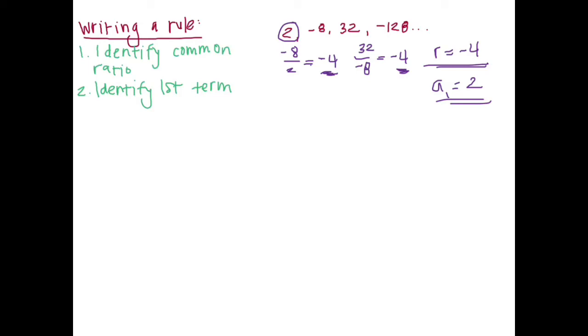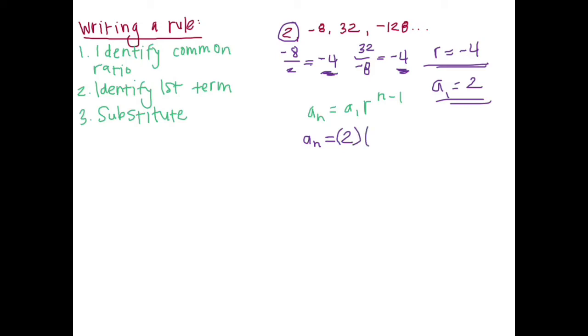Now that I have the ratio and the first term, I can go ahead and substitute these values into the rule. Remember, the rule is a sub n equals a sub 1 times r to the power of n minus 1. So I'll do a sub n equals, I need to substitute a 2 in place of a sub 1.